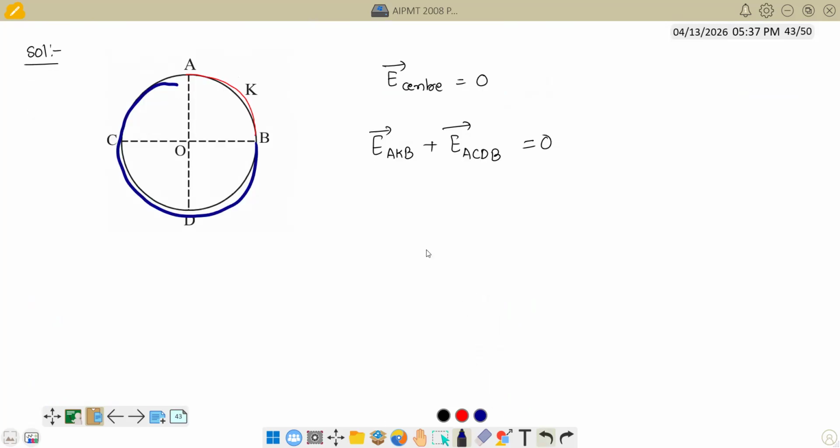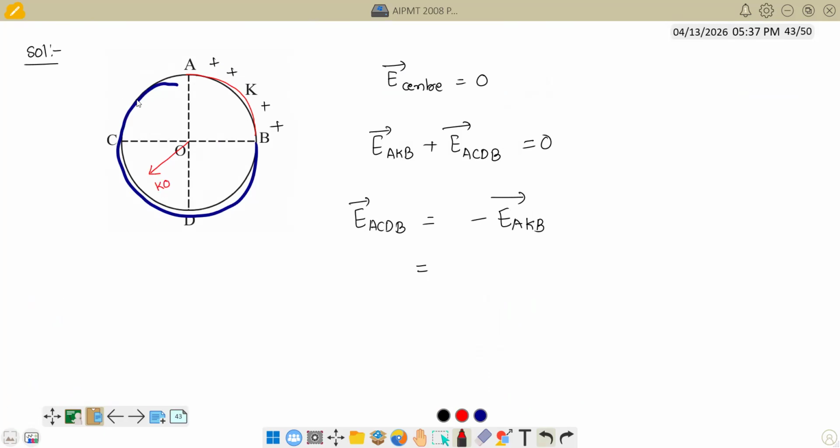So based on this, we can simply write that the electric field due to ACDB is exactly opposite to the electric field due to AKB. Since it is exactly opposite, first we should see the direction of the electric field due to AKB. Since this is a positive charge, the electric field at O would be away from the body, like this. It would be in the KO direction.